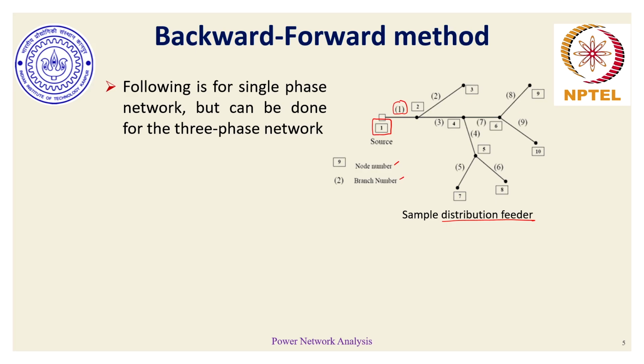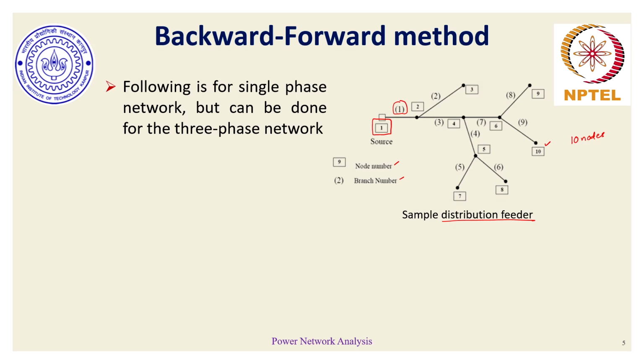In this typical distribution feeder, there are 10 nodes, 10 buses, because the last rectangular box has the number 10 in it. And all these 10 buses are mostly radially structured.